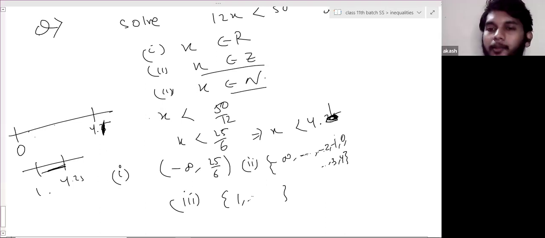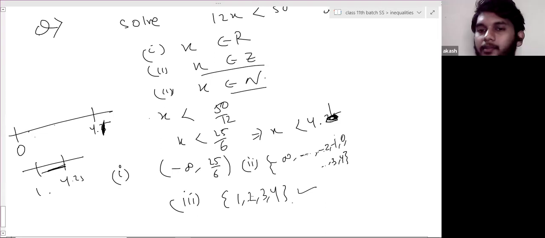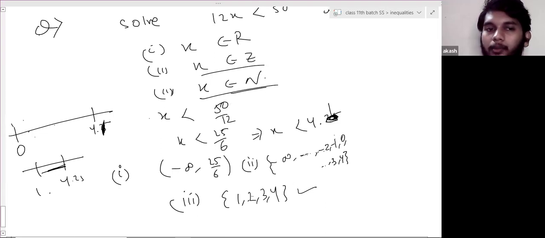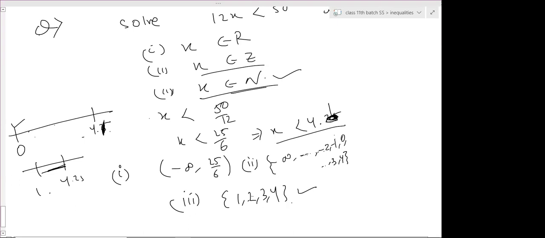Which ones? 1, 2, 3, and 4. This is the answer. X is a natural number from 0 to 4.1, because x is less than 4.1, and x cannot be less than 0, because x is a natural number, right? Is this clear? Fahad, this is clear? Yes. All right.